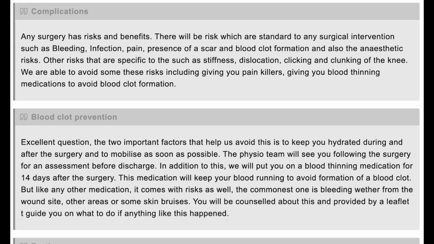Sure. So there are some risks related to the anesthesia and every surgery itself. That could be infection of your wound. It could be unsightly scars, clots in your legs, which could, in some cases, travel to your lungs, and you could have breathlessness, and you could have some bleeding more than normal, which could require blood transfusions.